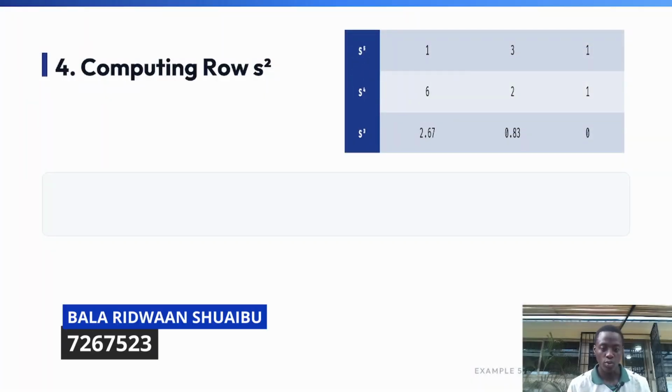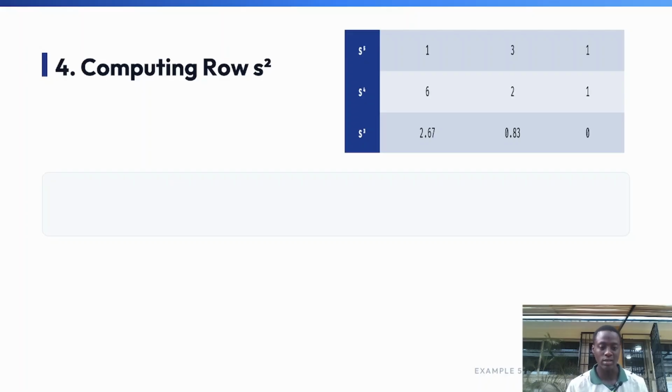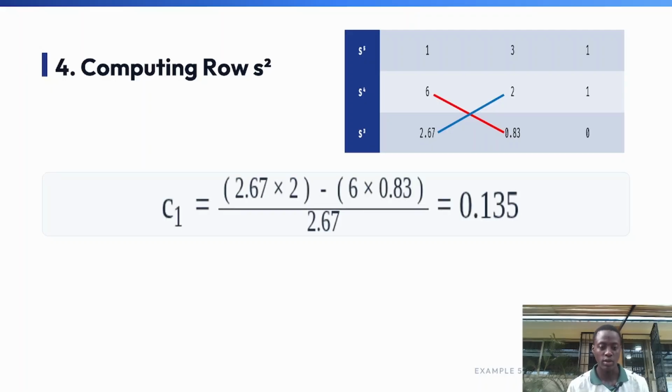This completed row now gives us the new pivots which we need to solve for the lower power of s. Moving down to the s squared row, we repeat our cross multiplication process using the two rows that sit directly above it. Our new numerical pivot for this division is the value we just found, 2.67. To find the first element, c1, we multiply 2.67 times 2 minus the product of 6 times 0.83, all divided by 2.67 to get 0.135.